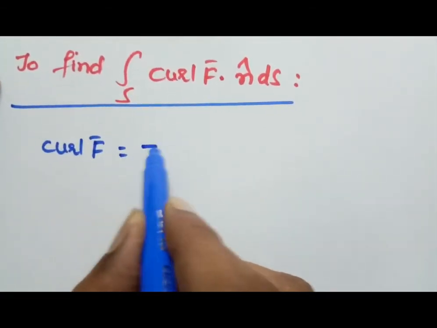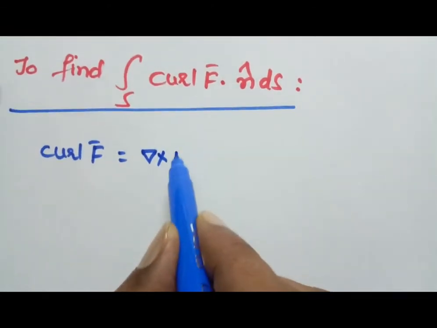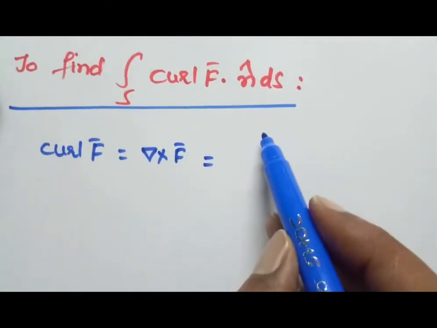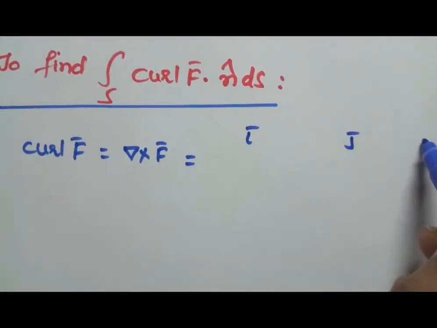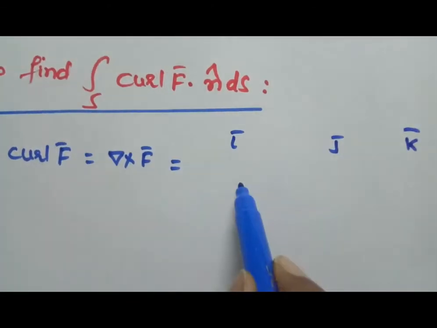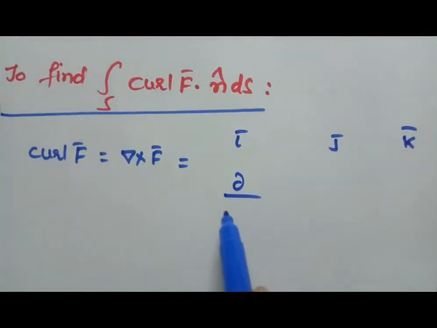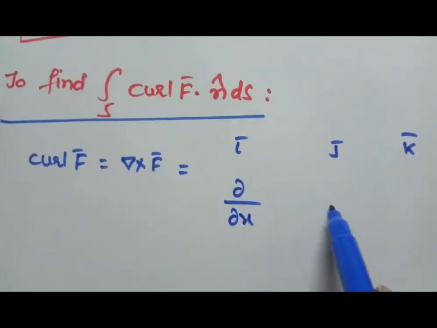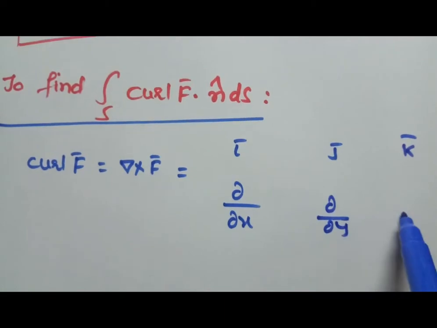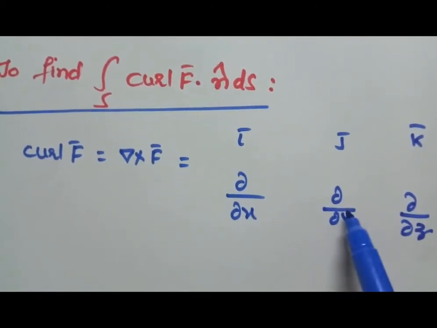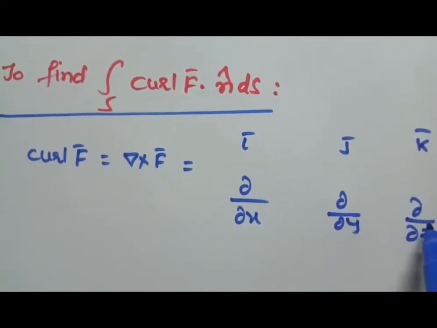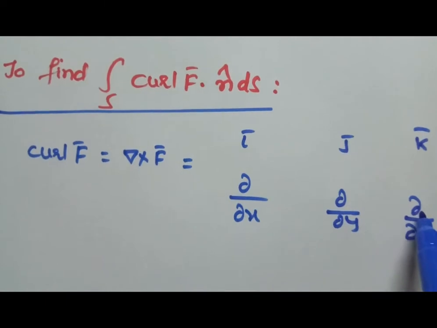Curl F bar is equal to del cross F bar, that is the determinant of I bar, J bar, K bar; dou by dou x, dou by dou y, dou by dou z, the components of del. I bar component of del is dou by dou x, J bar component is dou by dou y, K bar component is dou by dou z.